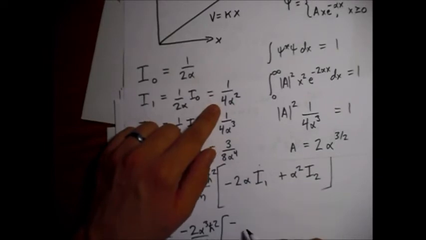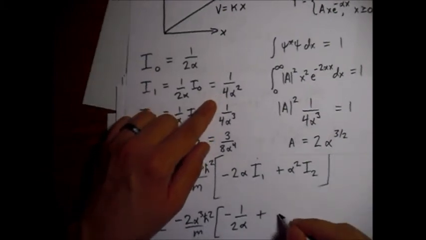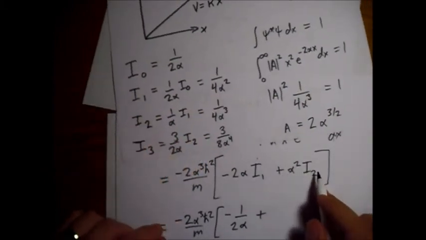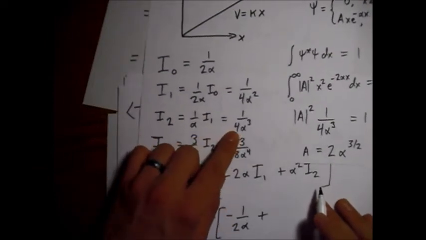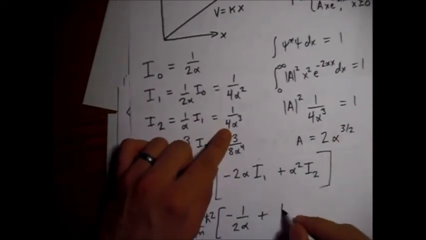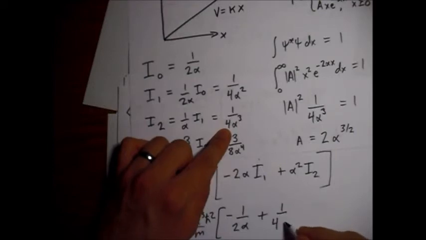We're going to get a 1/2, and then 1 power of alpha here on the bottom. Plus alpha squared times I2, which is just 1 over 4 alpha.